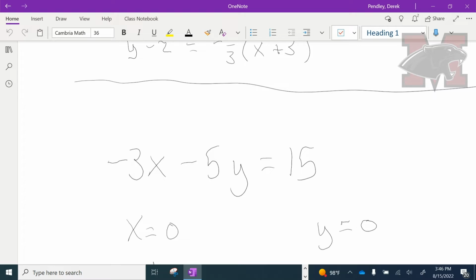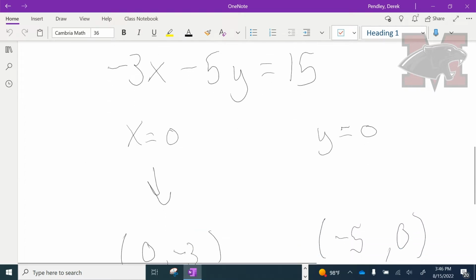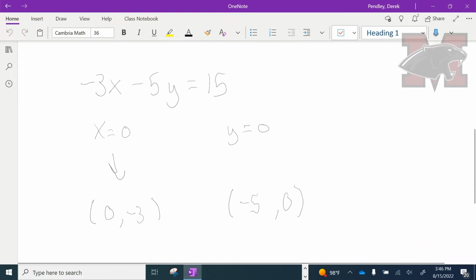All right, so if we plug in x equal to 0, y should be -3. And if y is equal to 0, x should be -5. Right, so these produce points.